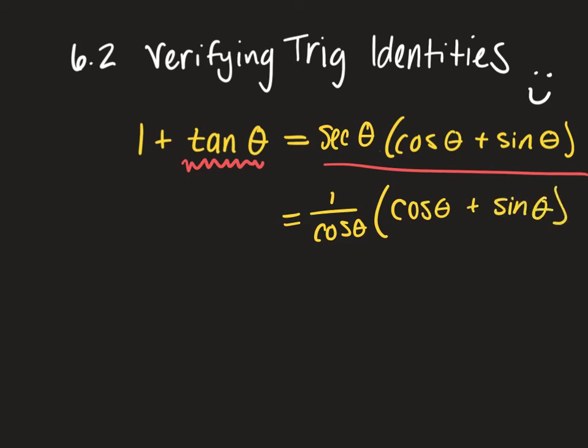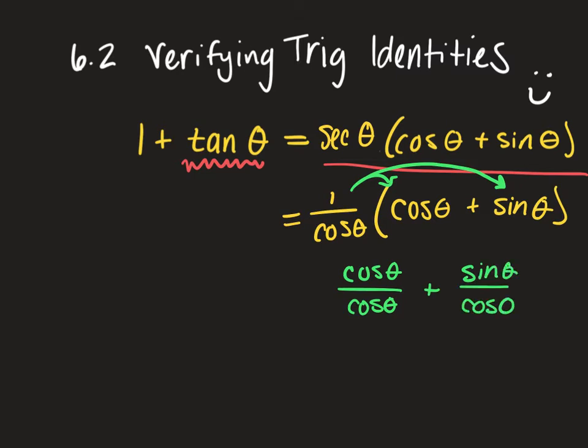So then let's go ahead and distribute that through. So cosine times 1 over cosine is just cosine over cosine. And when we multiply it to the sine theta, that's going to give us sine theta over cosine theta. And then it turns into cosine theta plus sine theta over cosine theta.